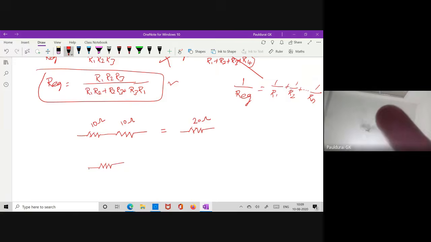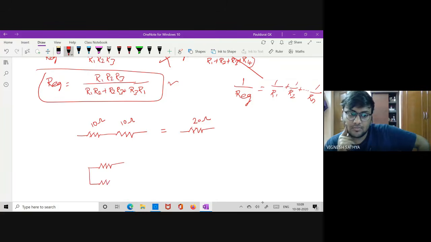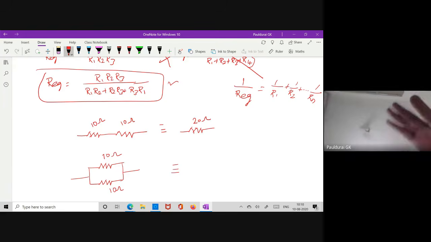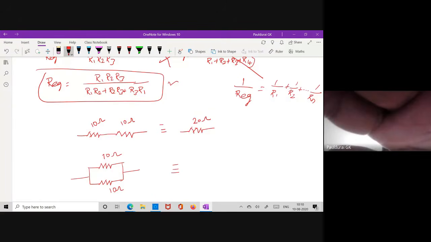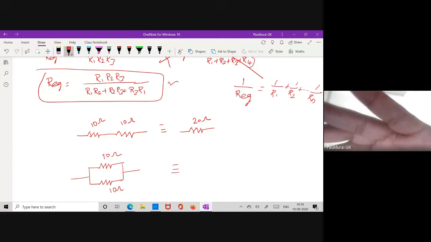Now what will happen? If you will connect two equivalent resistances in series, what will happen? Series என்னாச்சு?